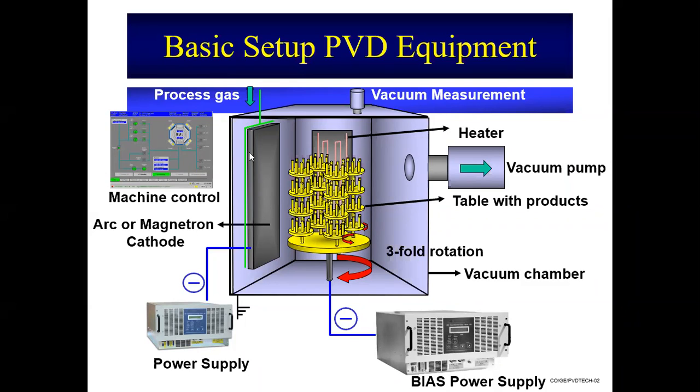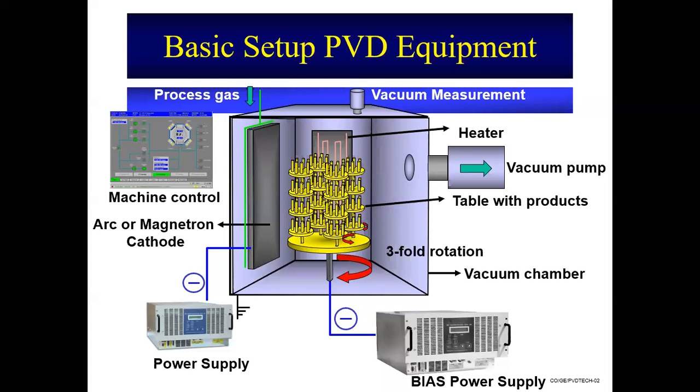And over here we have an arc or magnetron cathode. We have a cathode over here, and this is where we put the target material. Let's say I want to coat this drill, and the coating is going to be titanium aluminum nitride, then this particular target will be made of titanium aluminum alloy.